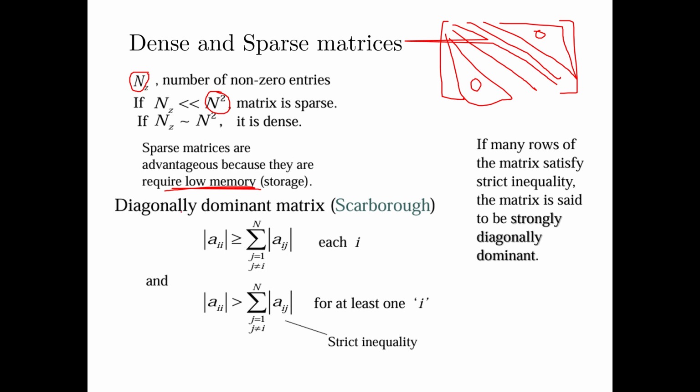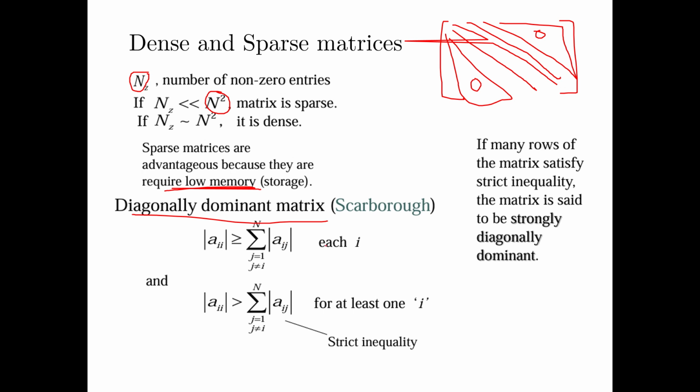Next, we have the diagonally dominant matrix. A diagonally dominant matrix is one where the absolute value of the diagonal element is greater than the sum of all the other elements in that row.